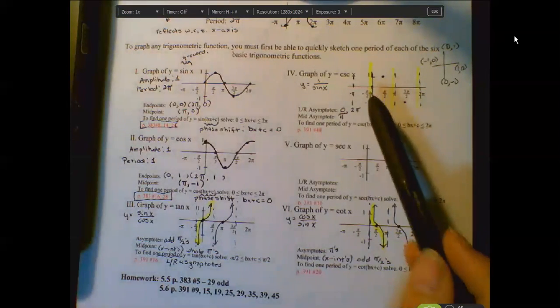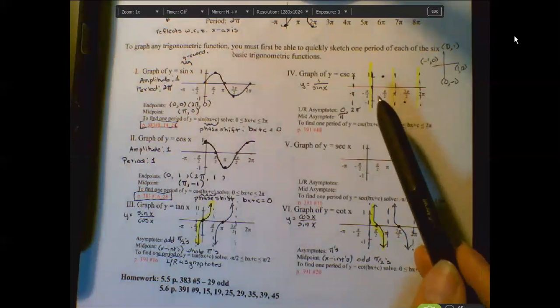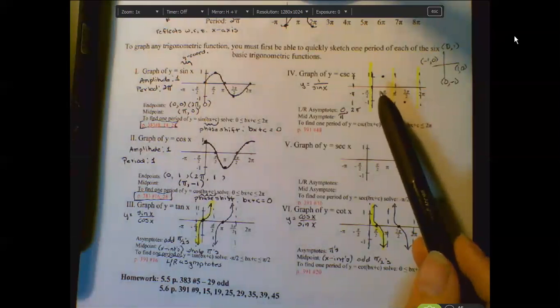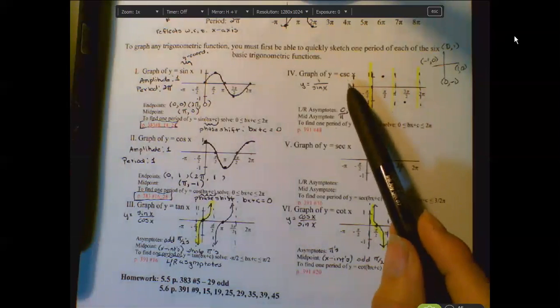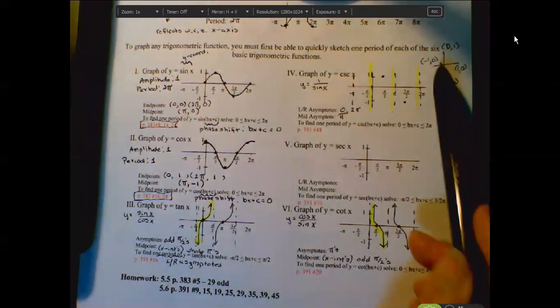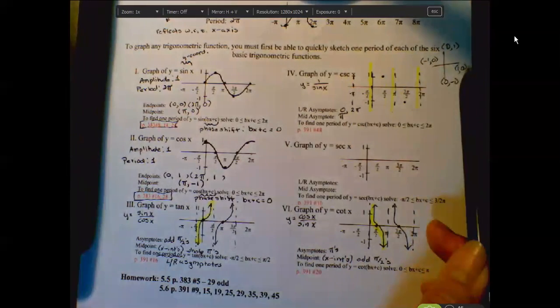Here's what I was trying to think of a minute ago, and it was bugging me. I was thinking cosecant's the reciprocal of sine. So does cosecant have any x-intercepts? The x-intercepts are when y is 0. Are there any of these y's that you could flip and get 0?